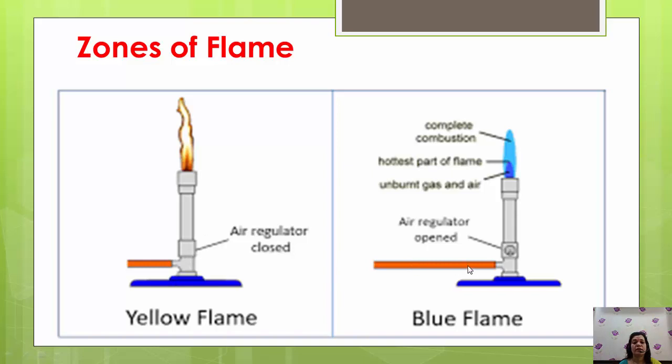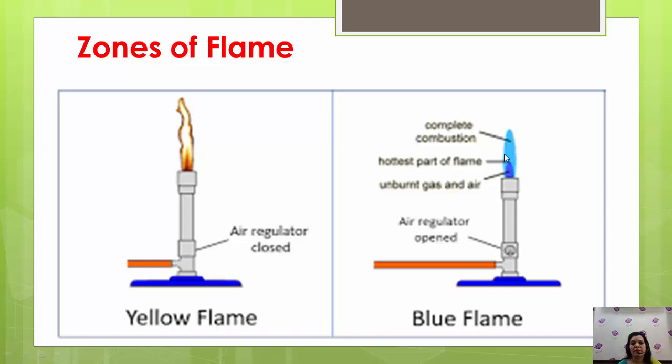Now, looking at the regular flame over here, if I want to see the detail, this lower part is the part of unburned gas and air, slightly yellowish, where some unburned part is there which has comparatively low heat.